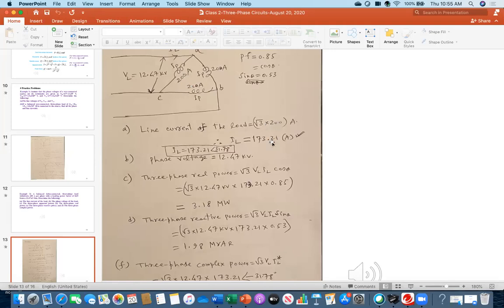The square root of 3 is greater than 1, so when you multiply that, you get 346 and some decimal. So I multiplied 200 by square root of 3 and got 346.41.